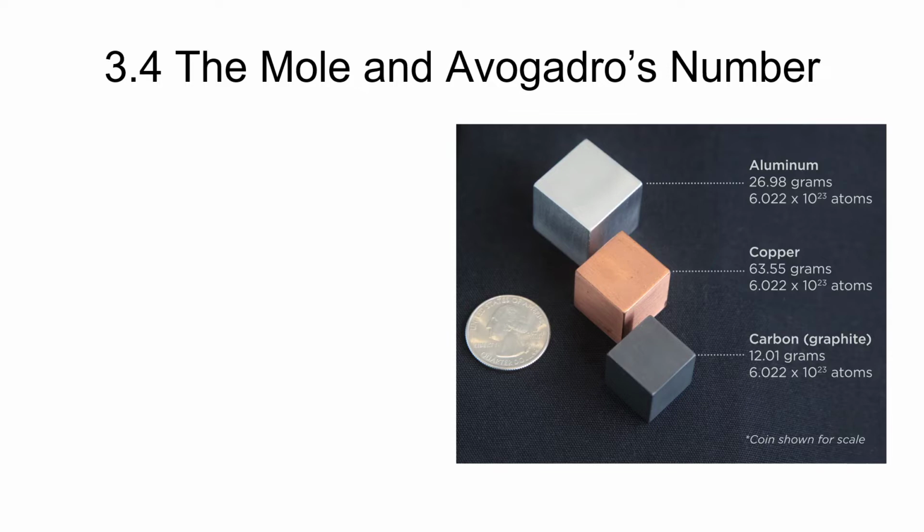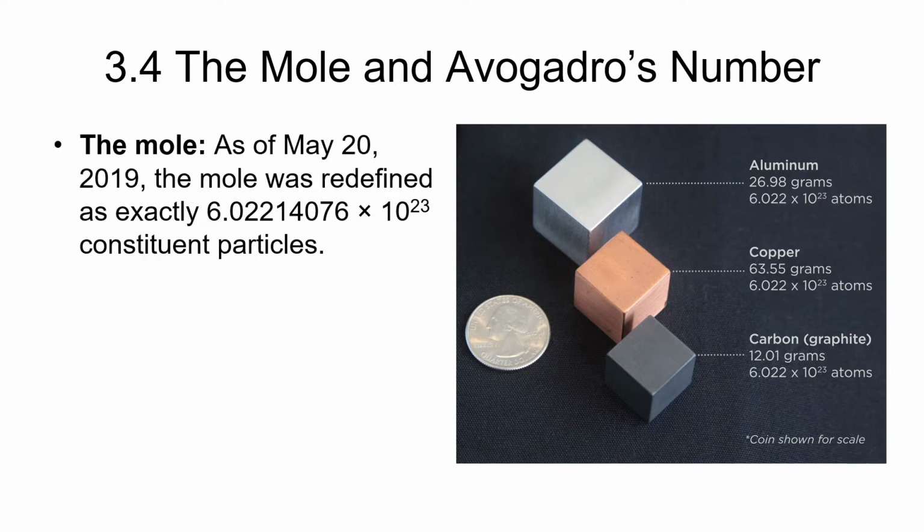So the mole is a way of measuring something on a laboratory scale when previously we were talking about the atomic scale. It used to be that the definition was a little bit different, but in May of 2019, the mole was officially redefined as exactly 6.022140076 times 10 to the 23rd constituent particles.